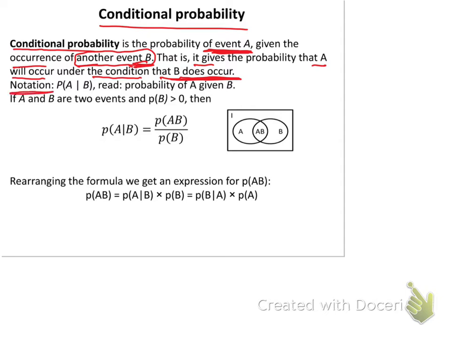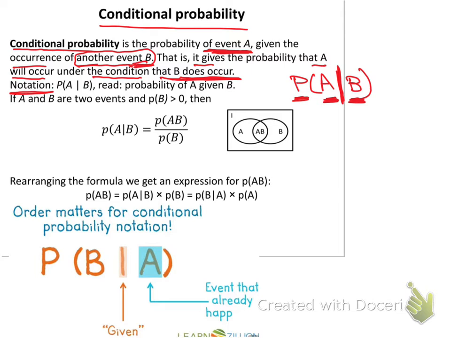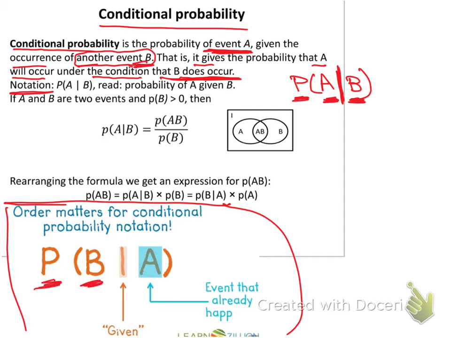Notation, how we write it: we will write probability of A, a straight line, given B. This means the probability of happening of A given that B has already happened. Okay, so as we can see down here, the probability of B happening, given this line, given that the event A already happened.